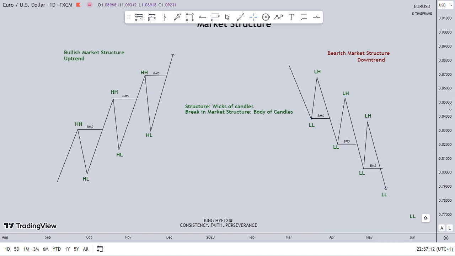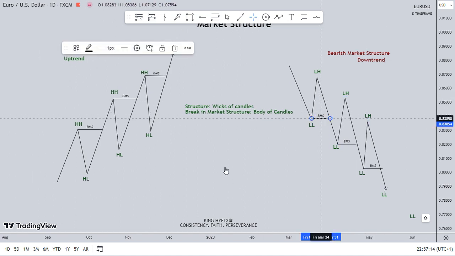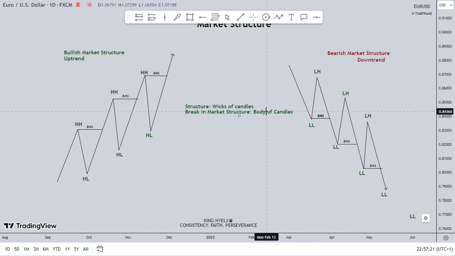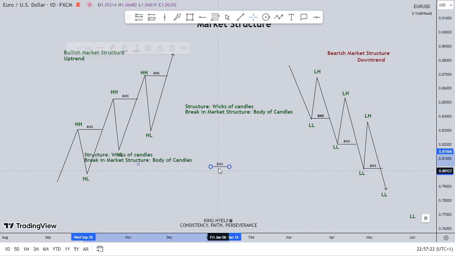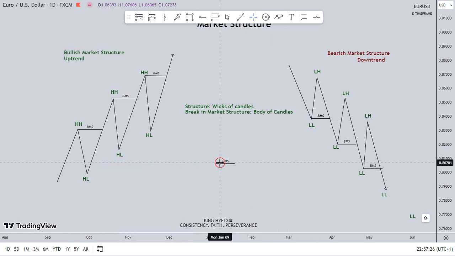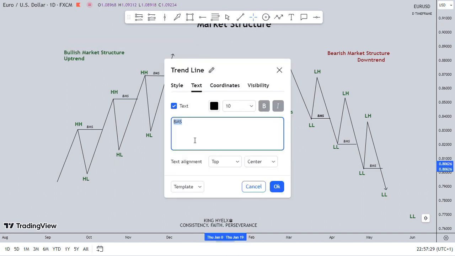And we also say that in order for us to have a valid, let me write this down so that this will actually be ingrained in your memory. So we only have a valid break in market structure when the body of candle closes above or below the wick.